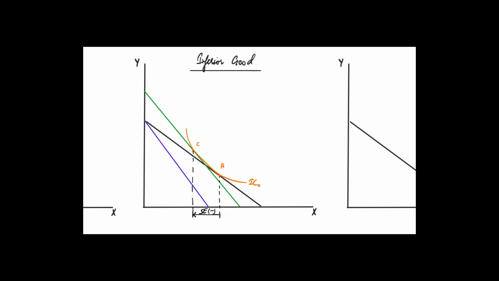Now, as far as point B goes, the point B has to be in between A and C. Okay, so the space left between A and C, now over here, this is where the problem has been introduced. For an inferior good, I have to make a point between A and C, and this is the only part of the new line that I have available. I don't have it over here.